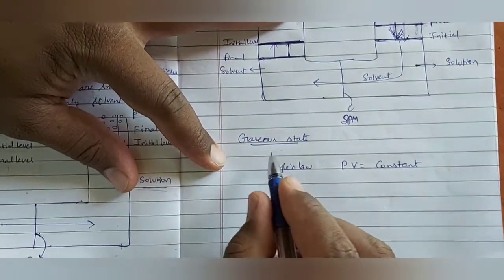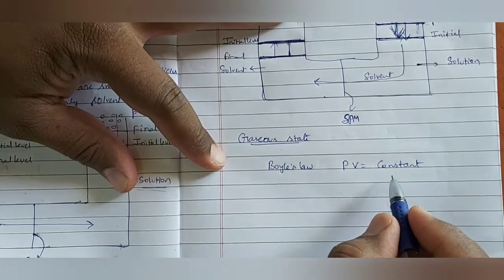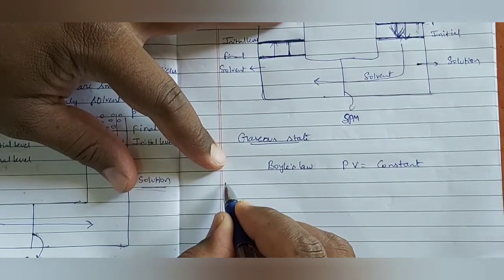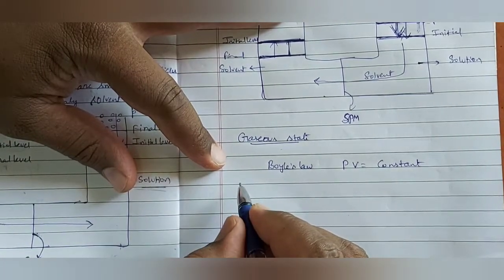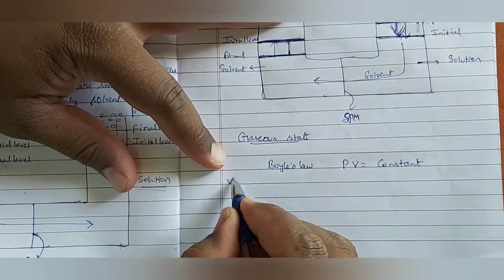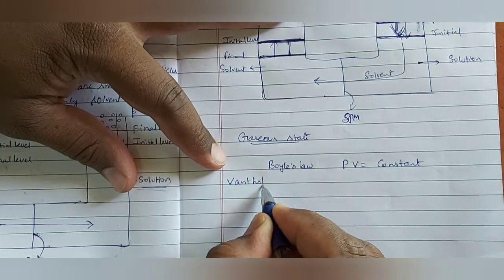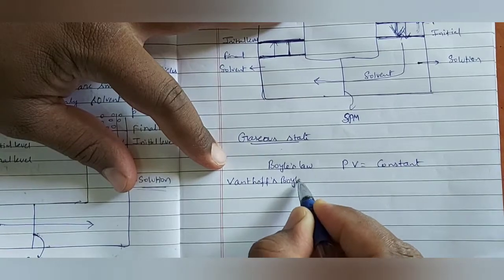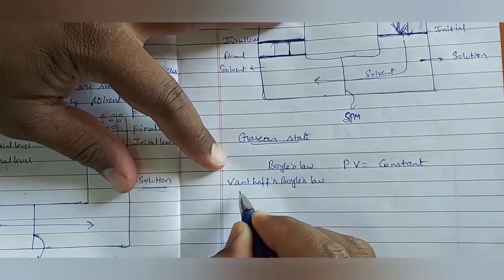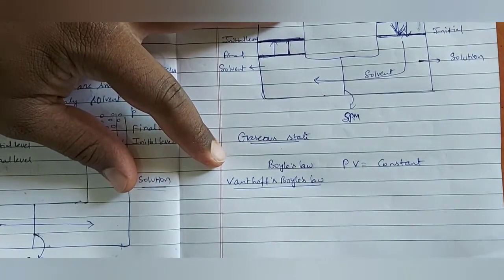Here, along with Boyle, one new scientist, Van't Hoff, is also joined. So that is called Van't Hoff's Boyle's law.